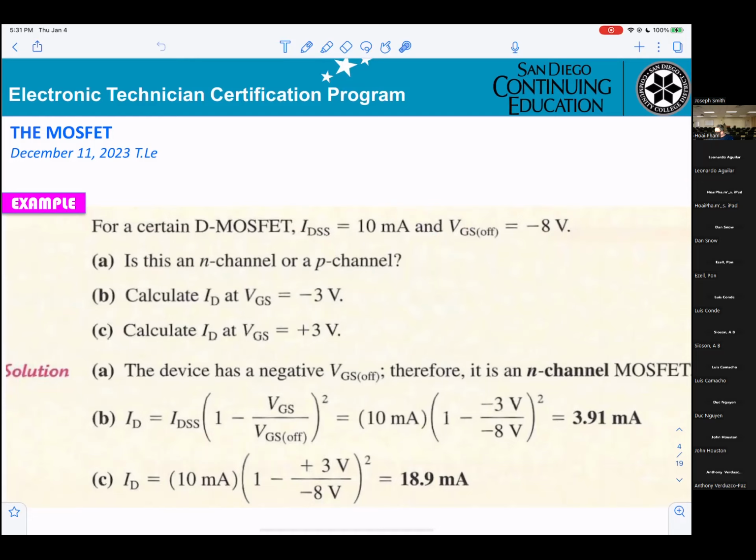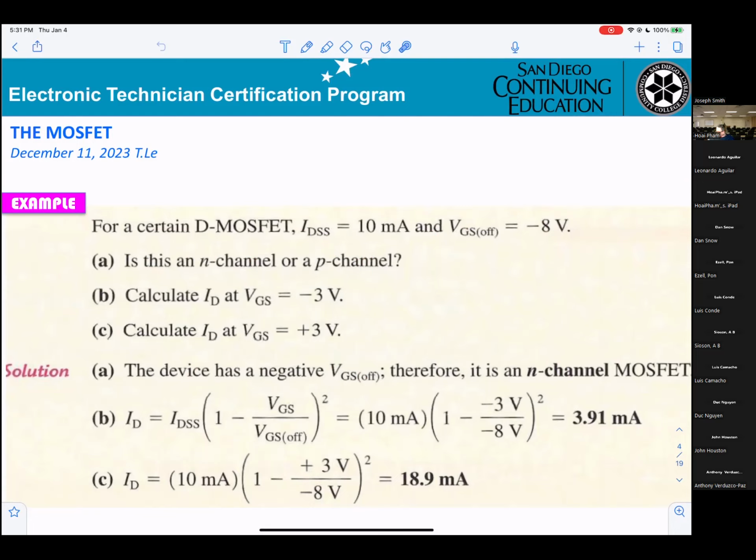Is it an N channel or P channel? You already get a solution. The device has a negative VGS off, therefore it's an N channel MOSFET. This way we're already learning from the FET.